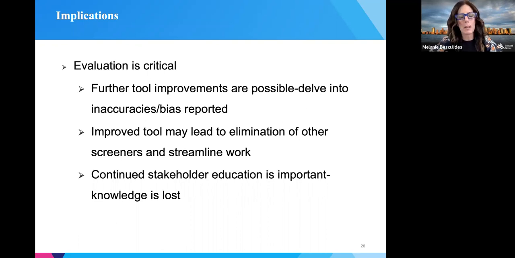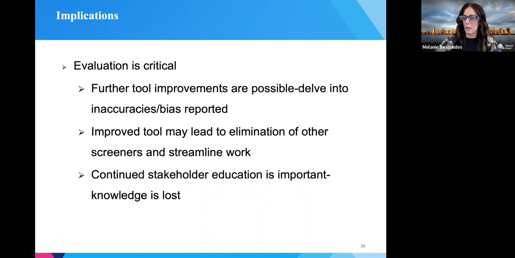And then I think one of the biggest take-home messages from this study, and there's no way we would have gotten this without doing a qualitative aspect of the study, the quantitative pieces would never have revealed this, is that you really do need continued stakeholder education over time, because information is lost. So as I mentioned earlier, when the data science team is not training the staff, and you have staff training other staff, something is definitely lost in the understanding, the trust of the system.